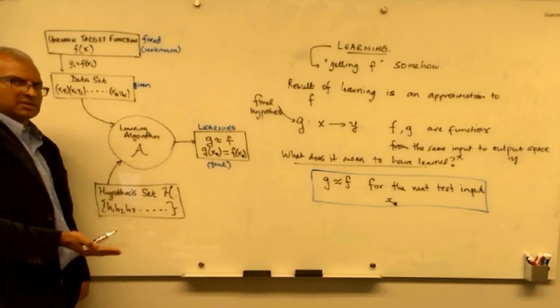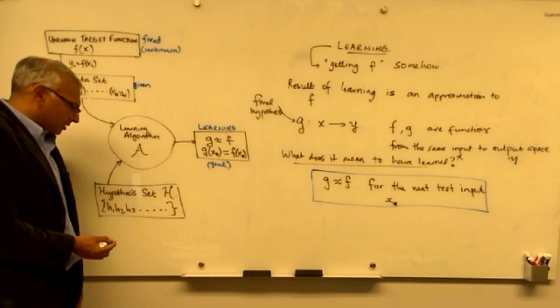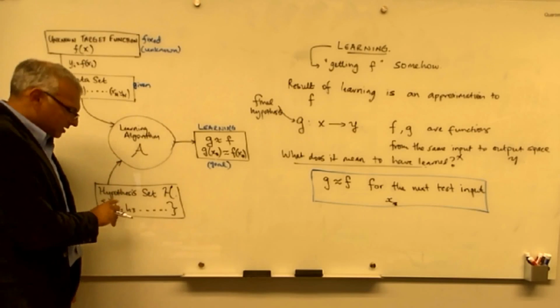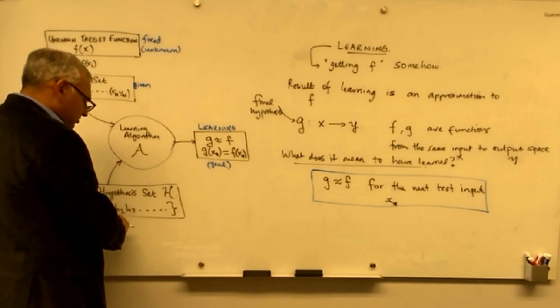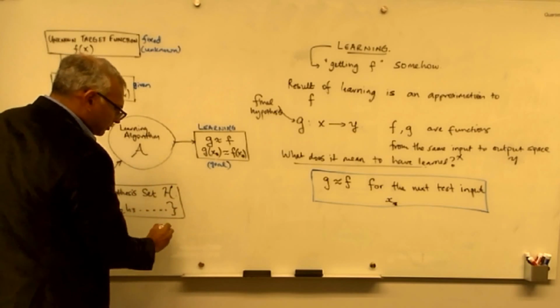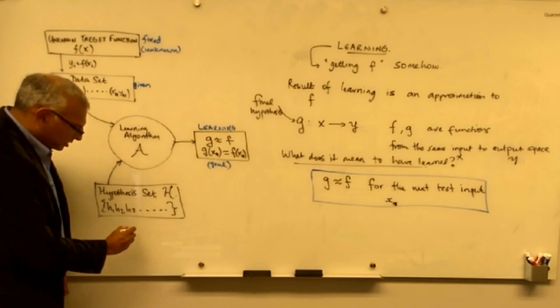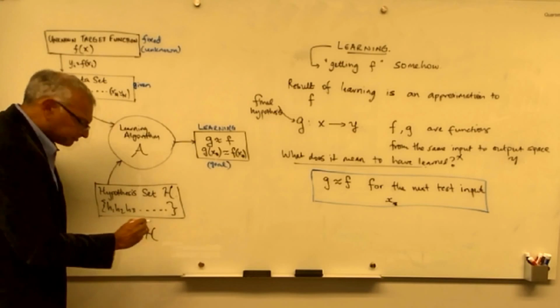So there's some magic that we still need to specify. But what it does is, at the end of the day, produce one of the hypotheses in H for G. So in other words, G will ultimately belong to H.